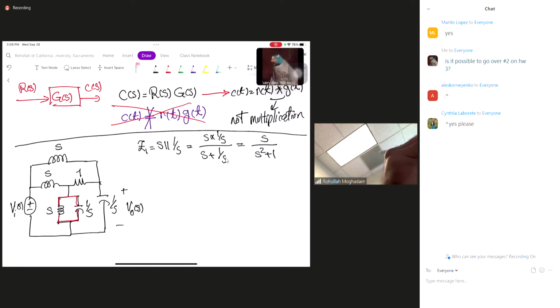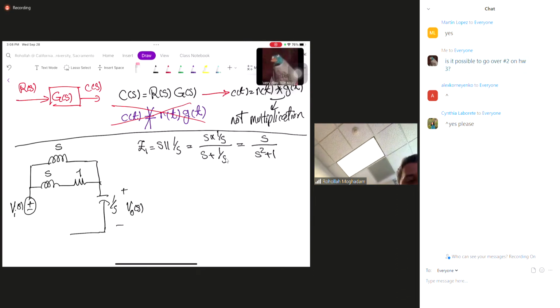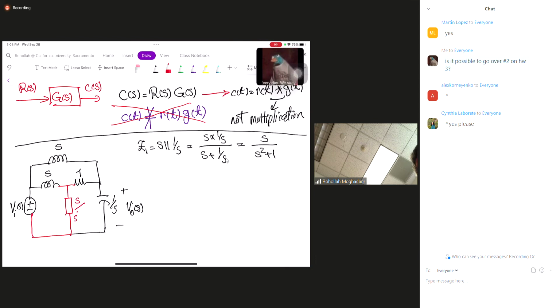Now I can get rid of this part and draw an impedance in the network. Its value is s over s squared plus 1. Now we do the circuit analysis. This is I1, this is I2, and this is I3, right?